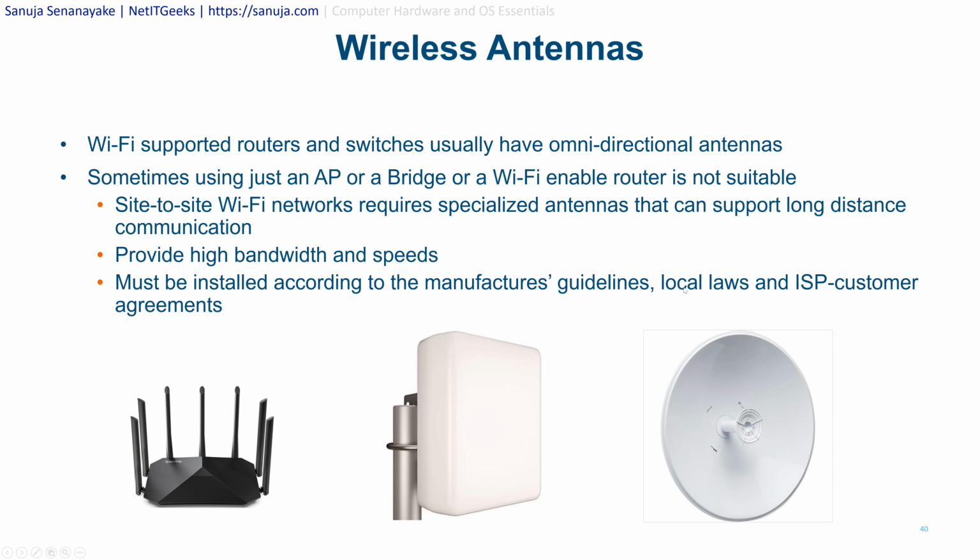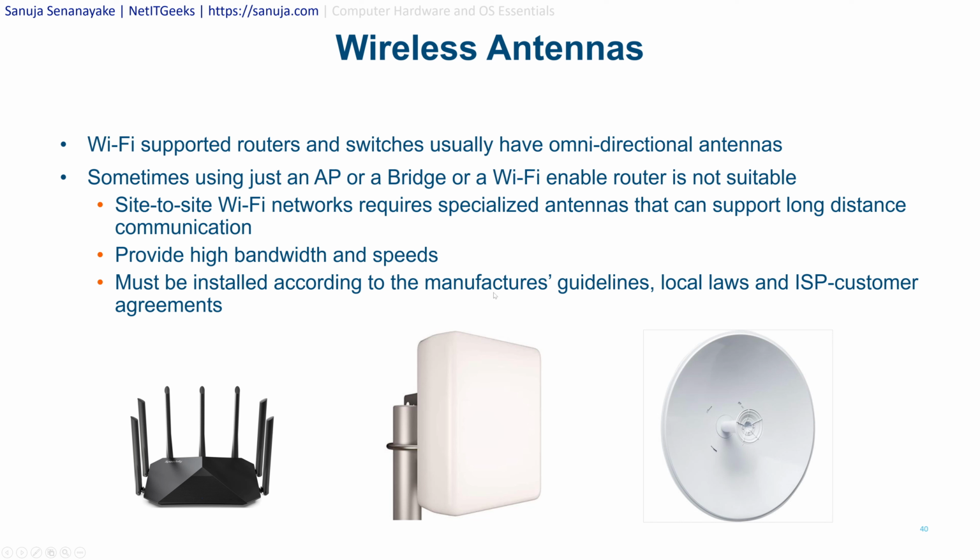Local laws come into play as well, because these antennas go outside of your building and typically stick out from your top floor rooftop or on the side of your buildings. You may need certain licenses to put this up due to local regulations on how these should be installed.